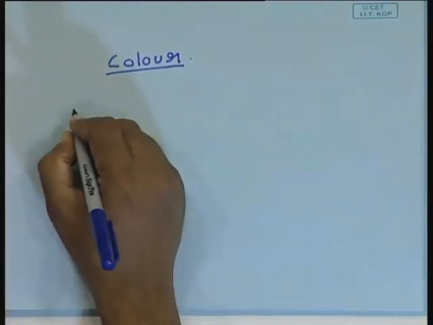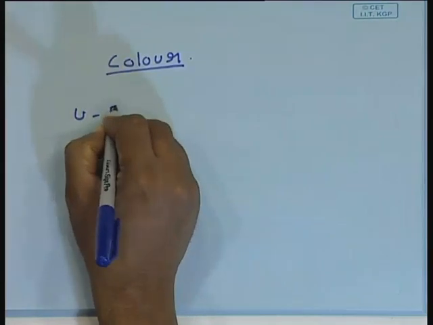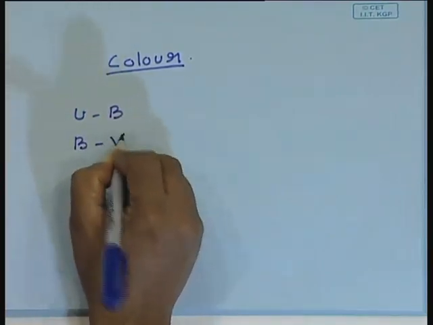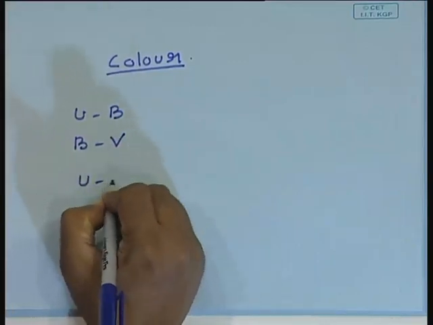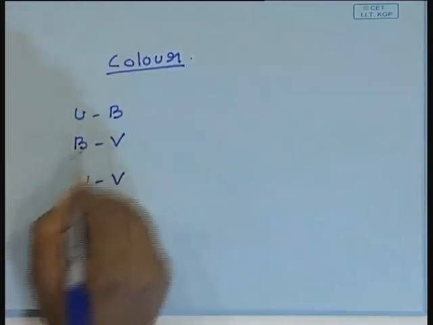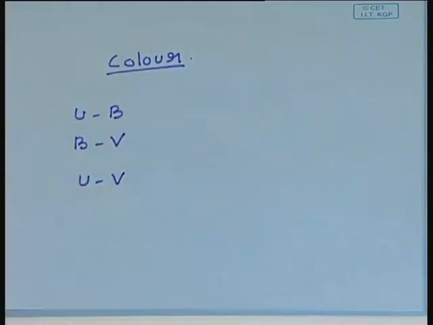So, you could have U minus B color, B minus V color, or U minus V color. Okay. So, the differences in magnitudes in these bands are all colors. Okay. So, if you have this kind of photometric magnitudes, you can determine the color of the source.